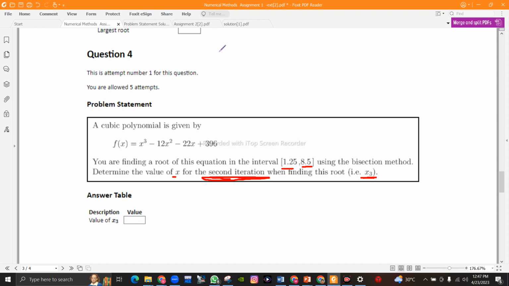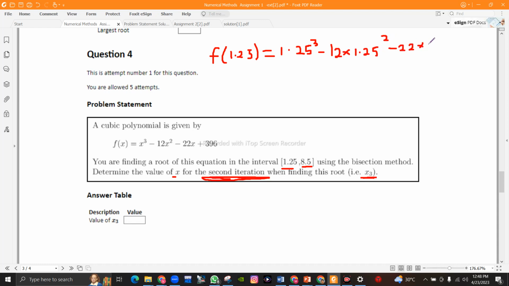So now let's look at the function at 1.25. We want to see what is happening at that function. Putting 1.25 here, I'm going to have 1.25 raised to power 3 minus 12 times 1.25 raised to power 2 minus 22 times 1.25, then plus 396.